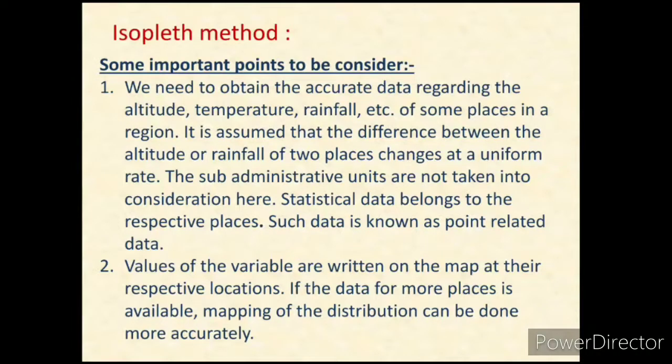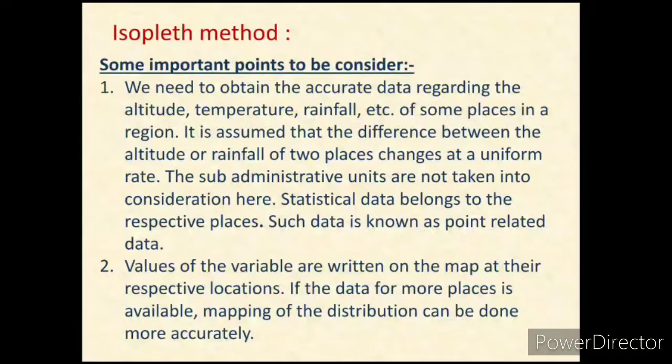Statistical data belong to the respective places. Statistical data means what? Numerical data belonging to that particular place. Right now we have seen that in the map, and such data is known as point related data because it belongs to the particular respective place.